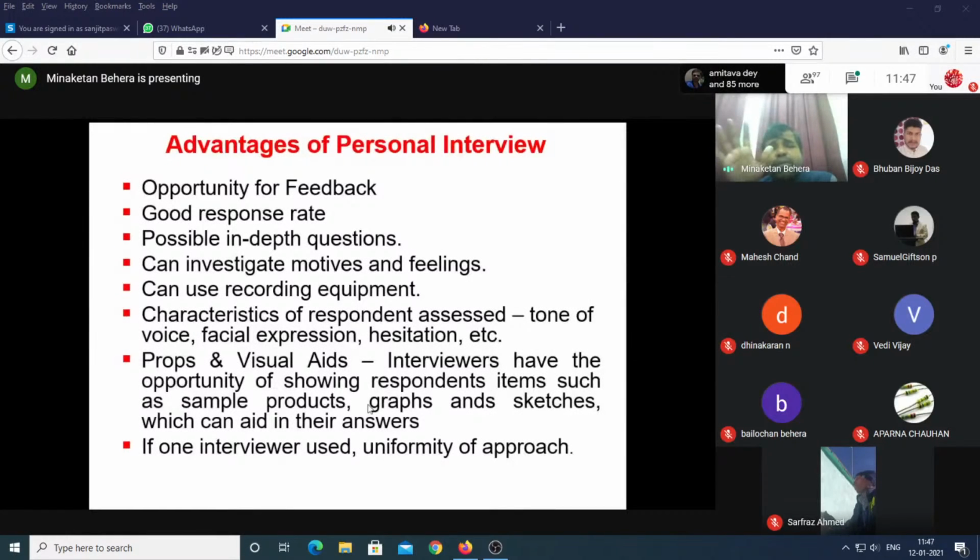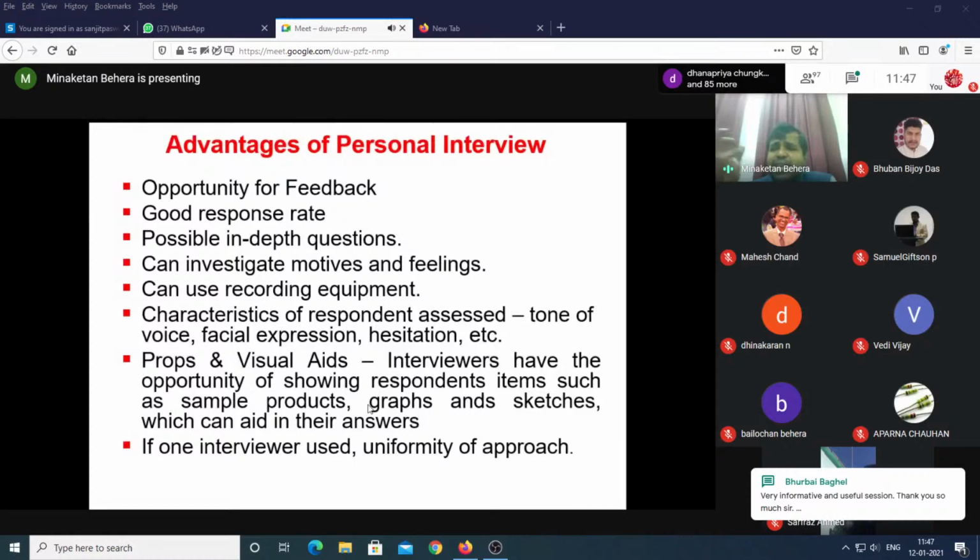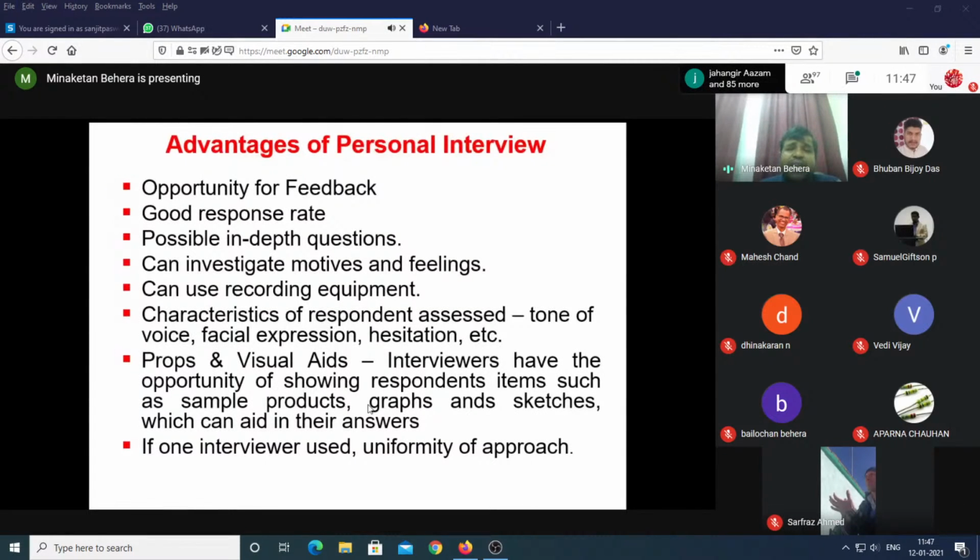Also, you can get an in-depth understanding of the questions, you can understand the motive and the feeling, and with permission you can record it. You can understand the tone of voice, the expressions, the hesitations, every point through the personal interview.